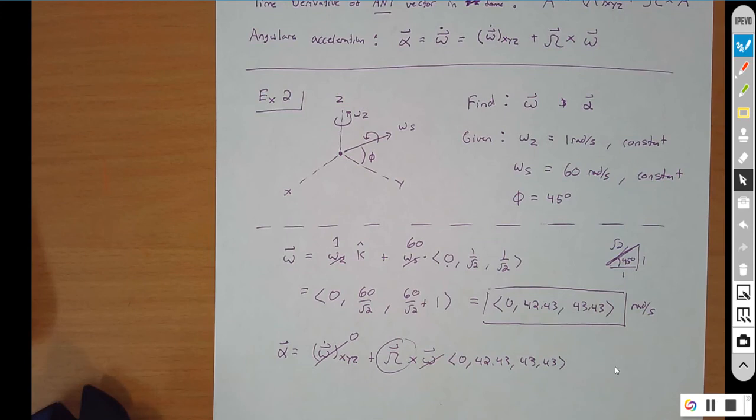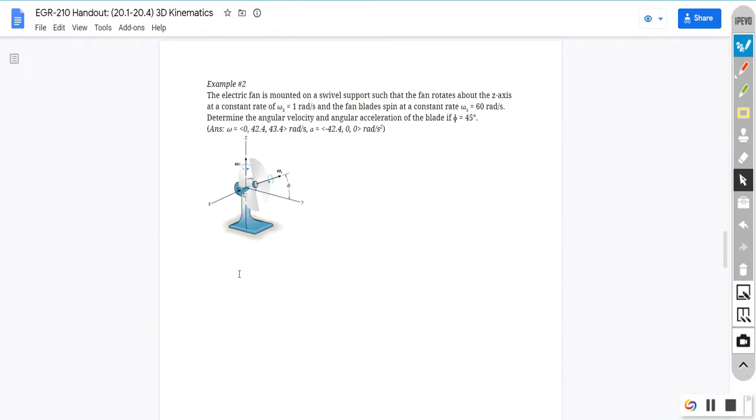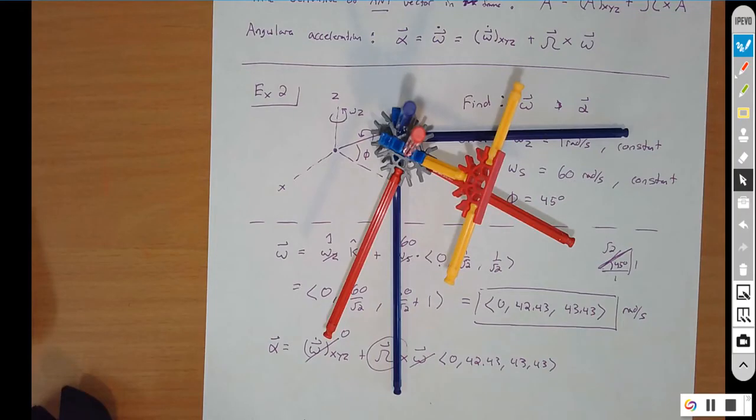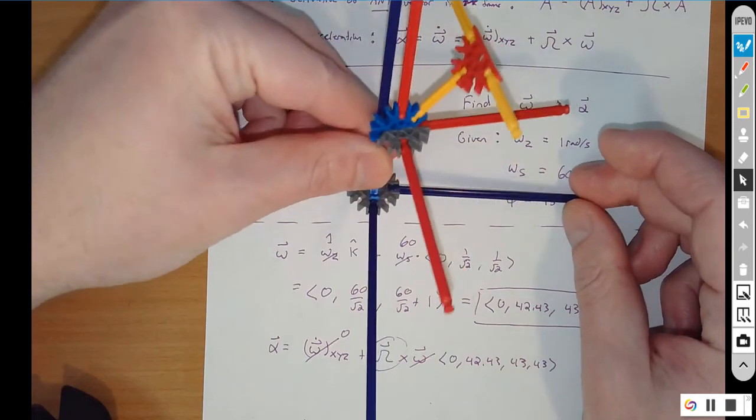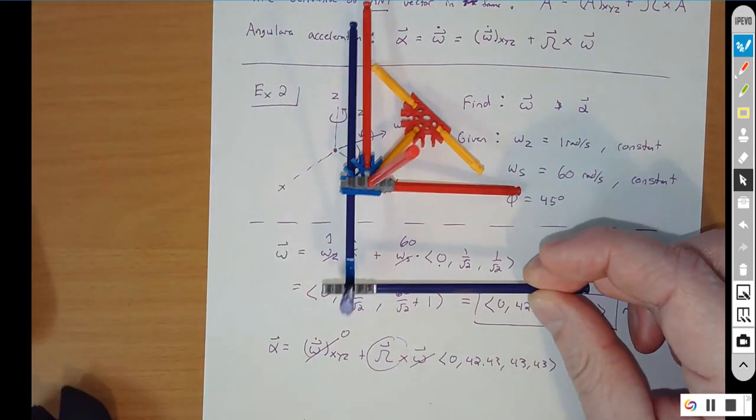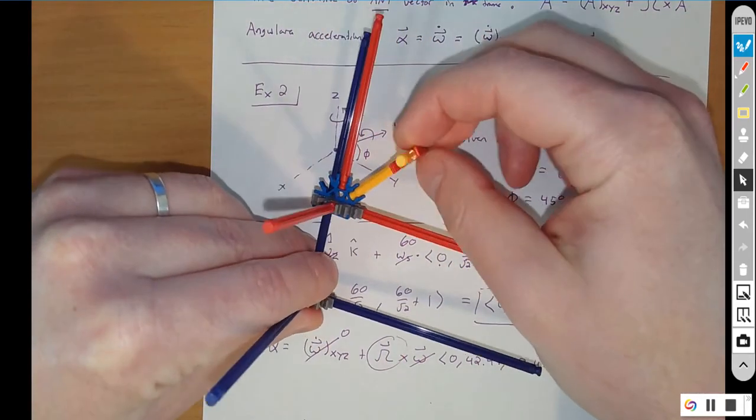If we go back and look at this, actually, I think an actual model will look better. So let's go back over here. We have our fan. Let me tilt this so you can see it. We have a makeshift fan here. It spins about its axis.